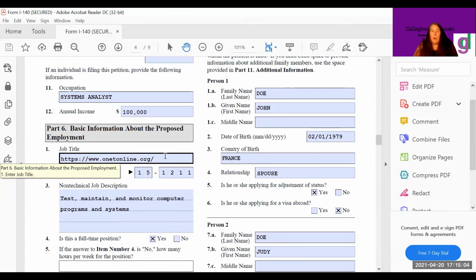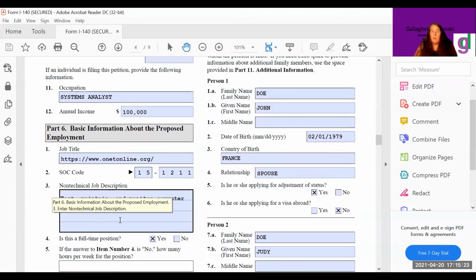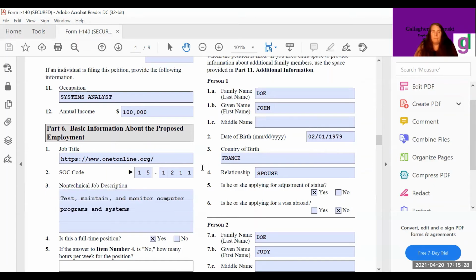So your job title should be something that's listed on this website. And then there's a 6-digit code called the SOC code, occupation code. When I went to the website and got this code, I took this non-technical job description right from the website. That way it's nice and simple.